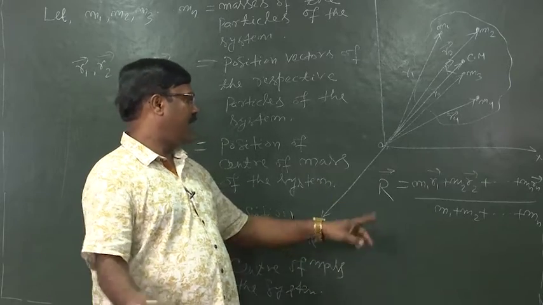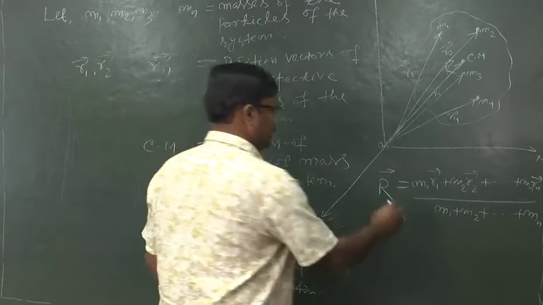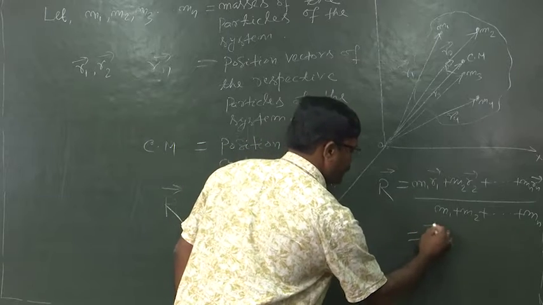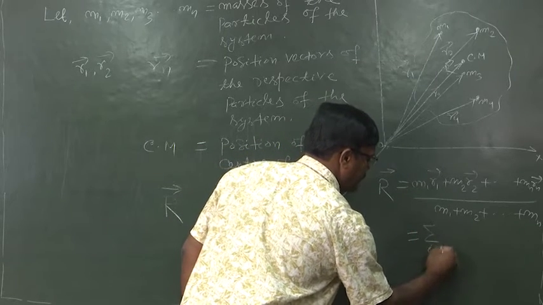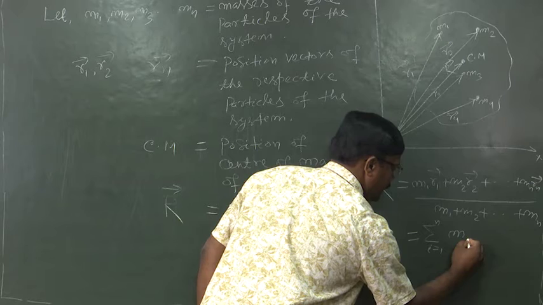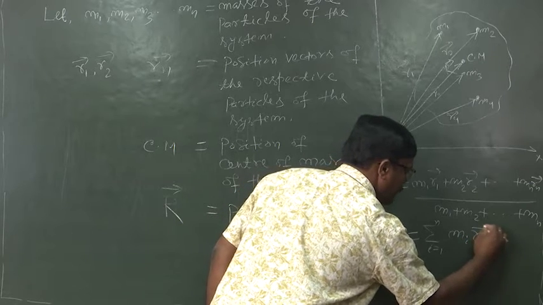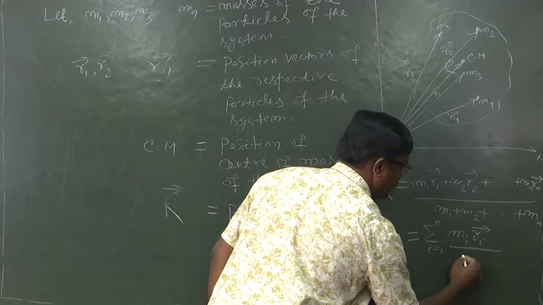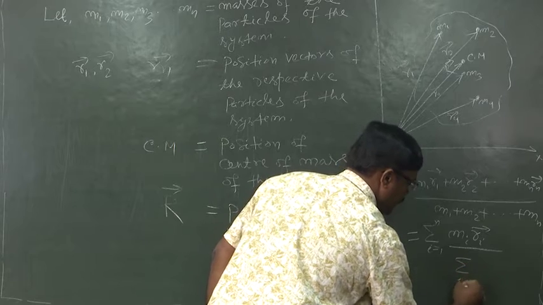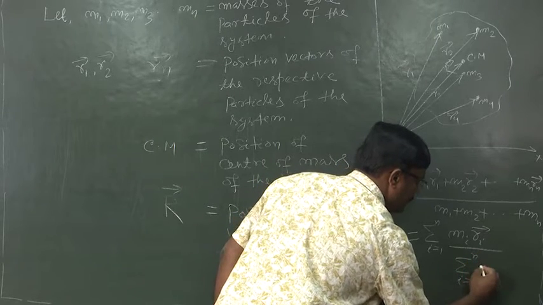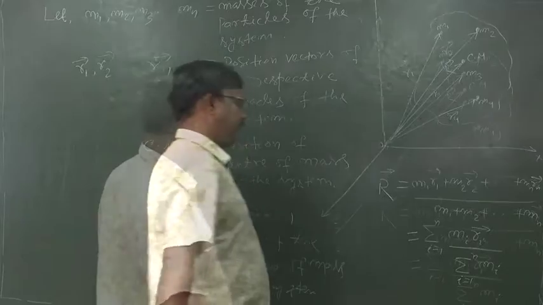Now, we can write this as sum over i equal to 1 to n of mi ri vector divided by sum over i equal to 1 to n of mi.